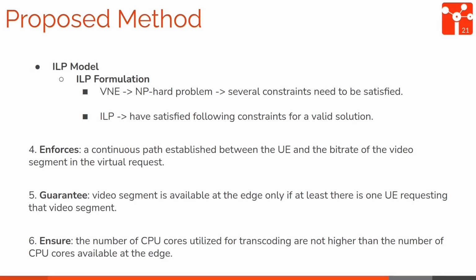Number four, enforce a continuous path established between the user equipment and the bitrate of the video segment in the virtual request. Number five, guarantee a video segment is available at the edge only if at least one user equipment is requesting the video segment. And number six, ensure the number of CPU cores utilized for transcoding is not higher than the number of CPU cores available at the edge.